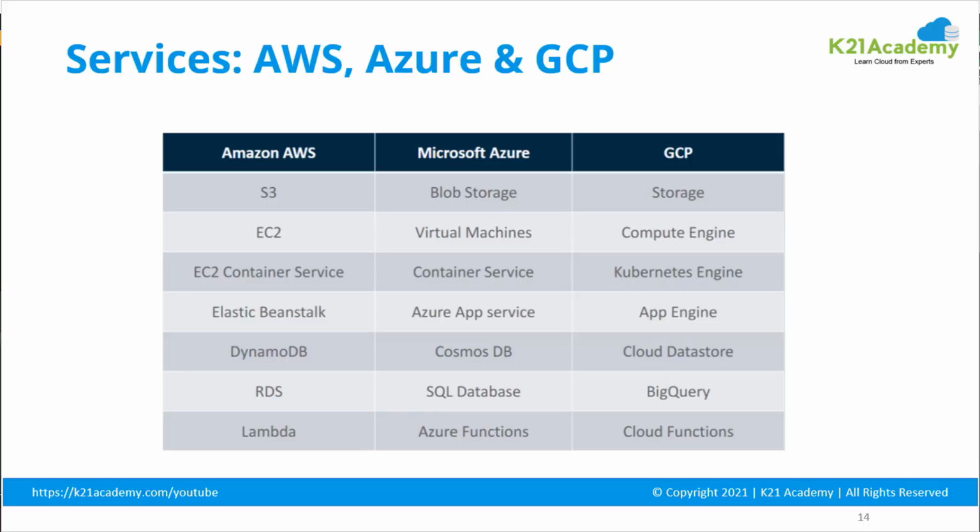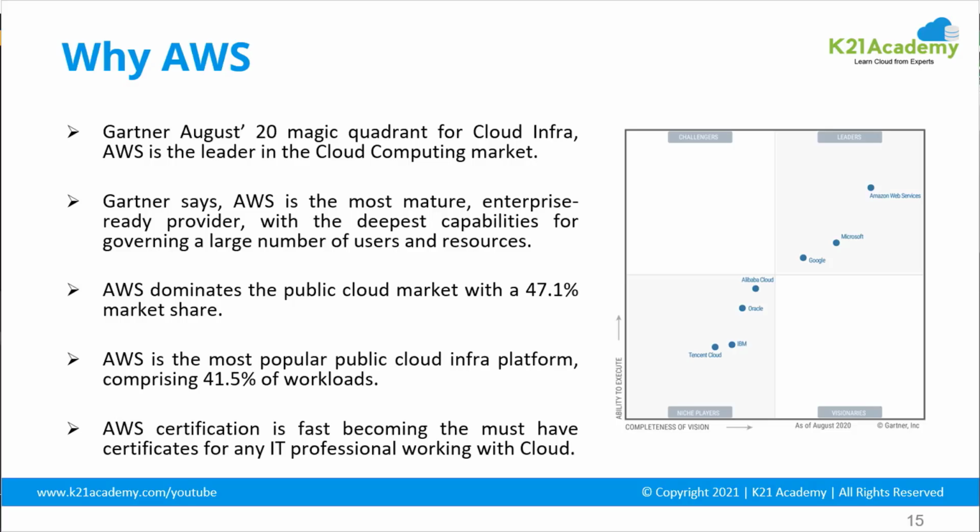Before I start talking about the global infrastructure, let's first look at why AWS. What you see in the diagram on the right-hand side is from August 2020, Gartner's Magic Quadrant. As you see, Amazon AWS is in the leaders quadrant at the top, and from both a vision and an ability to execute point of view, it's number one. As per this Gartner's Magic Quadrant for infrastructure as a service, AWS is a leader.